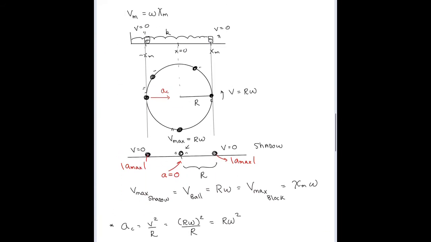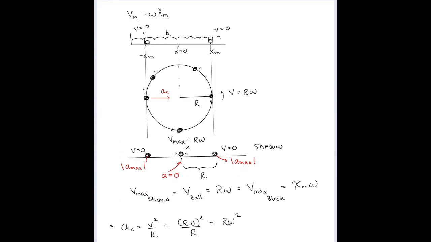Let's go back down. Here's our mass on a spring, going back and forth, and remember, we try to make the connection between circular motion and simple harmonic motion. So here I have a ball going around a circle at constant speed, let's say at the rim of a bike, and the speed of the ball is r omega.